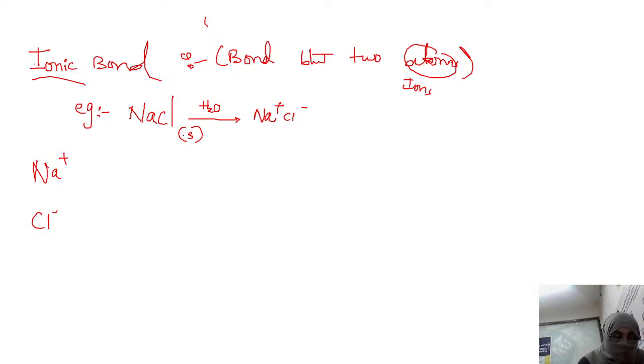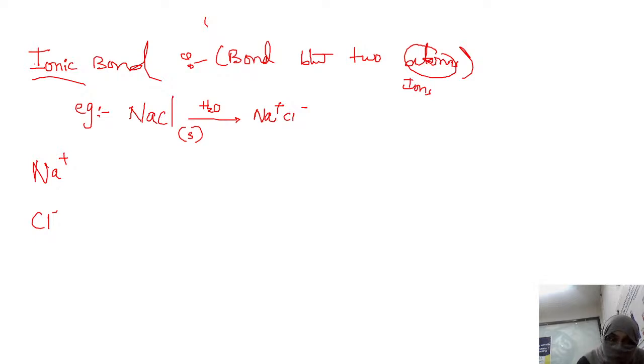When it's in the form of crystal solid, it will not be ionized. But when you dissolve it in water, H2O, it gets ionized in the form of Na plus and Cl minus. That means the bond formed between sodium and chlorine is ionic bond, because after dissolving in water, they get ionized.